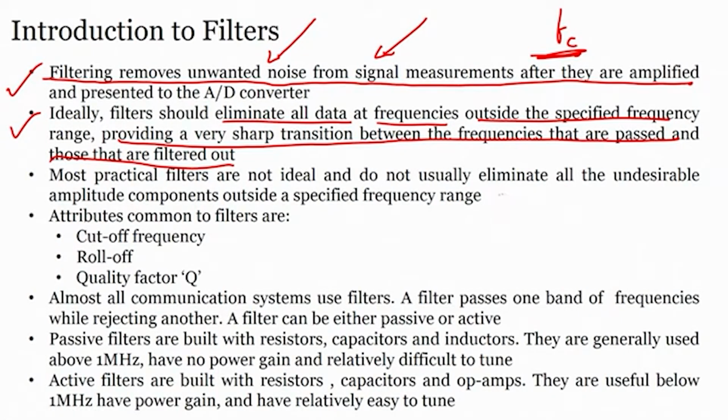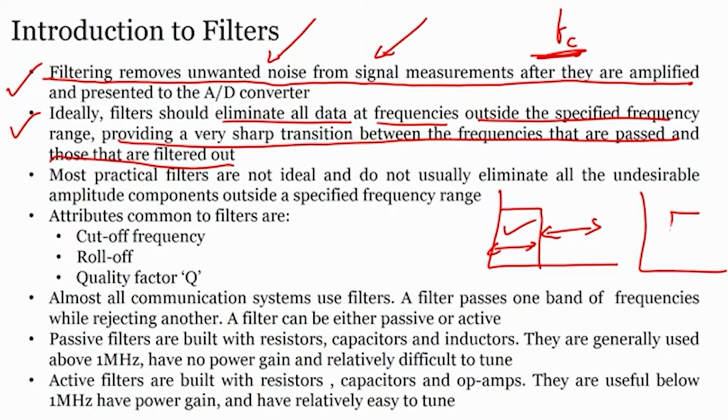Let us say that we will have a different graph. We will see that the frequencies above this are all filtered out, only these frequencies are passed. In this case, the frequencies above this frequency are passed, below this are all filtered out.